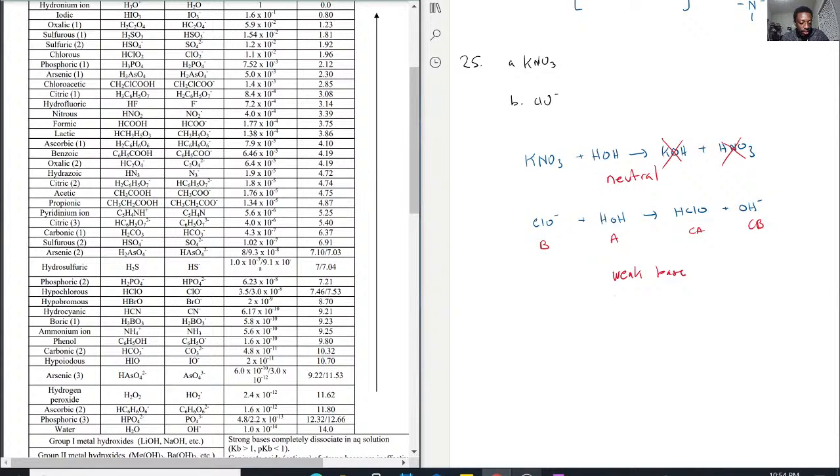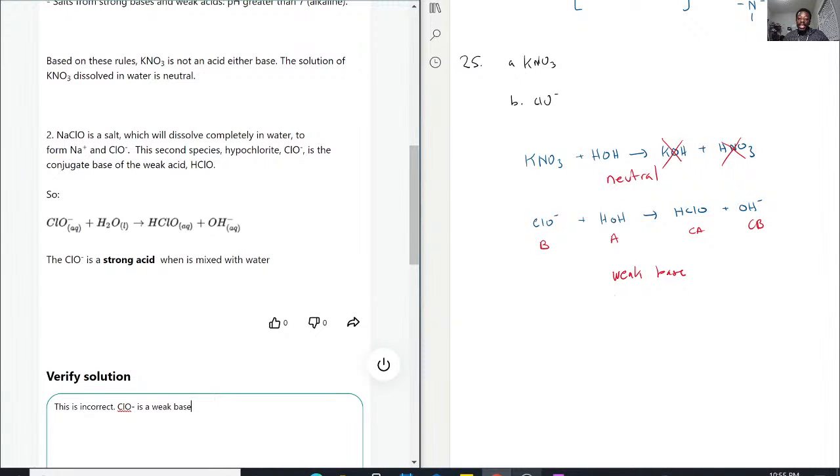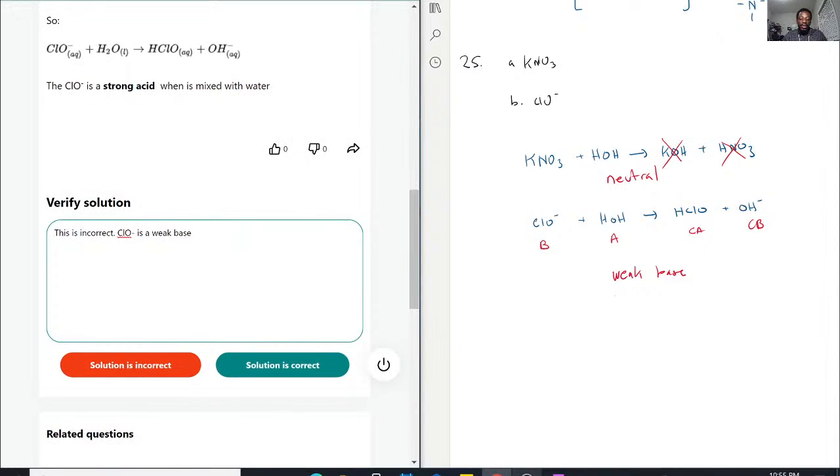Almost, you could argue that it's basic almost. But nonetheless, we have 6.47. So if I did now 10 to the power of negative that answer, our Kb is sitting around 3.39 times 10 to the negative 7. Okay? Because that Kb value is still less than 1, it's still going to be considered a weak base.